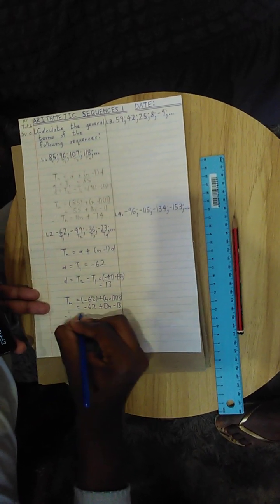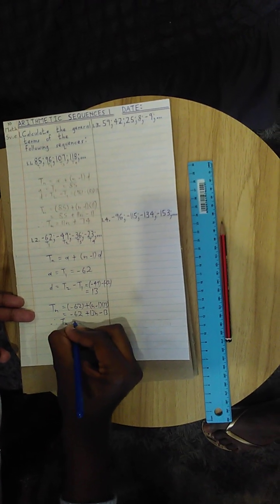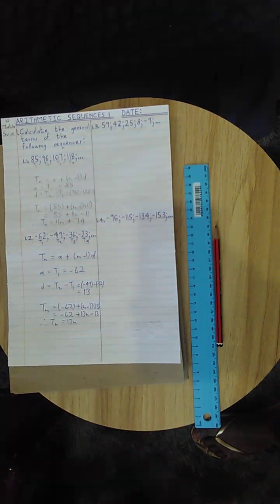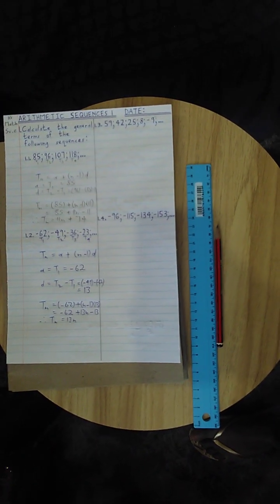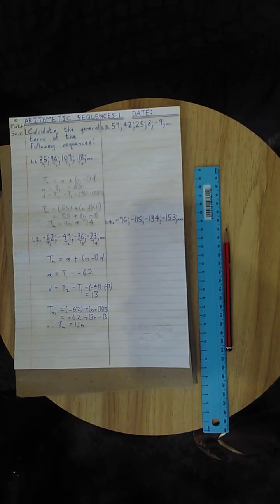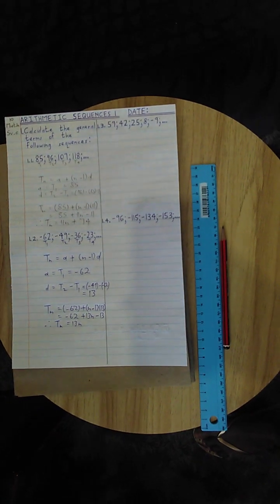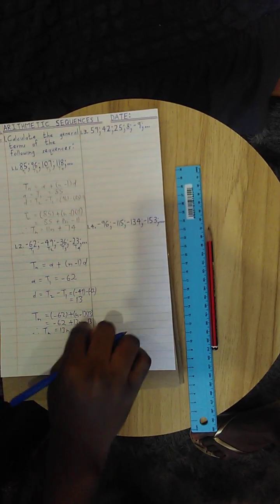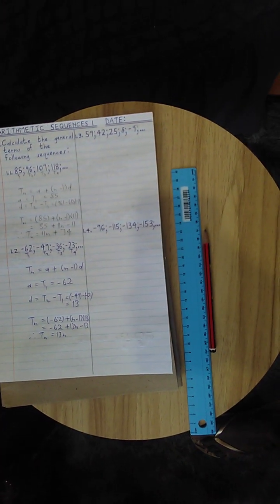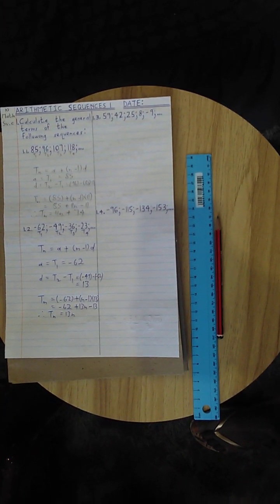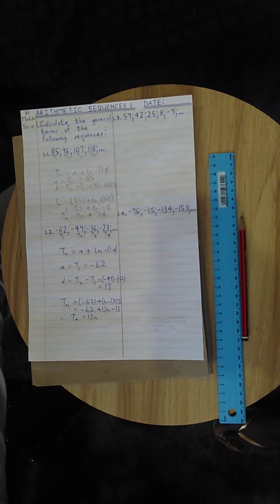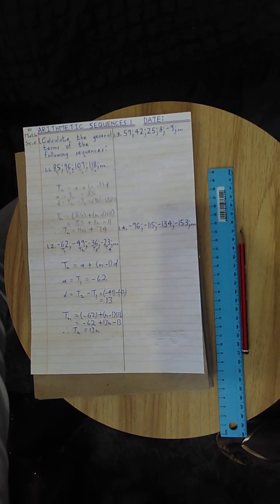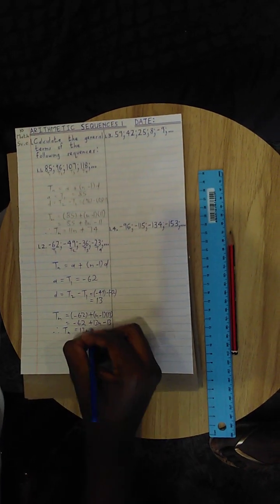So your final answer is Tn is equal to 13n, negative 62 minus 13, sorry, which is 13n minus 75.